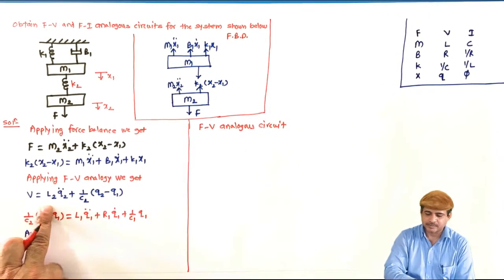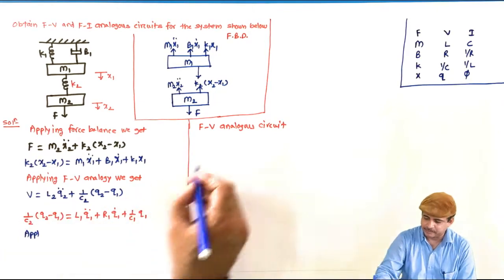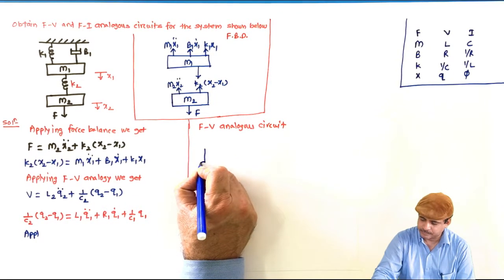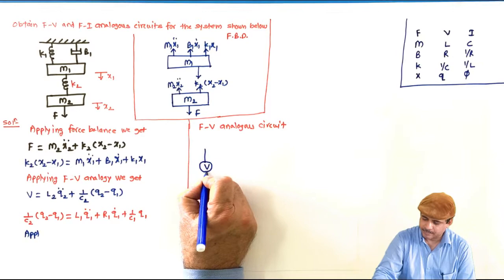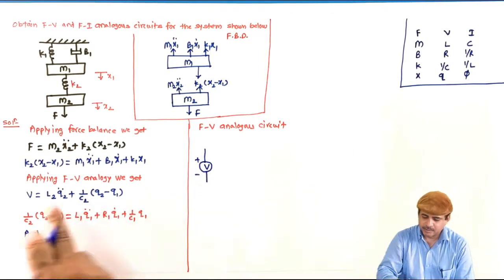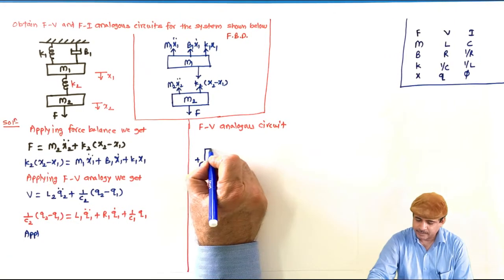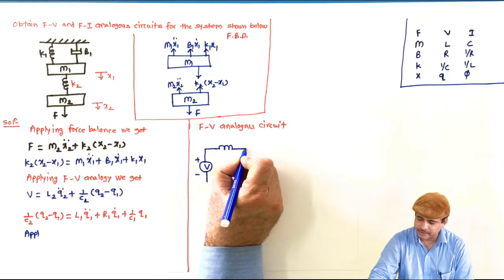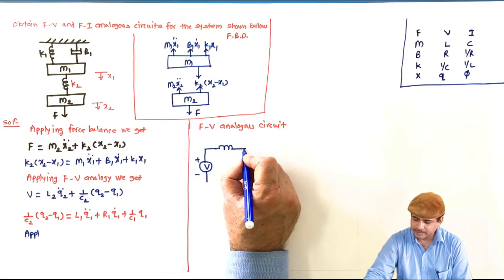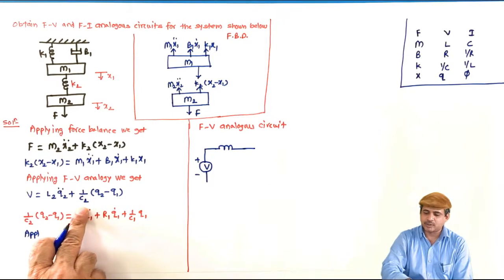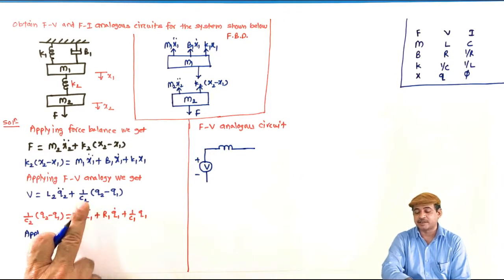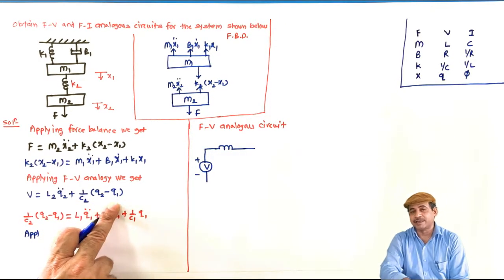We have a voltage source V. From that V there is a voltage drop across the inductor, then a voltage drop across the capacitor, but here the current flowing is I2 minus I1.